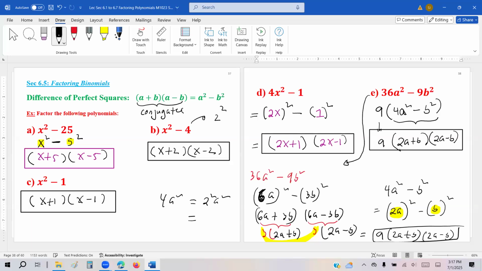But in here, what is your base? You have to have only one base, not two bases. So what is your base here? 2a, right? And then the square. So instead of writing 2 square a square, I can simply write 2a and then whole thing square. Because you want one single base, not two bases.